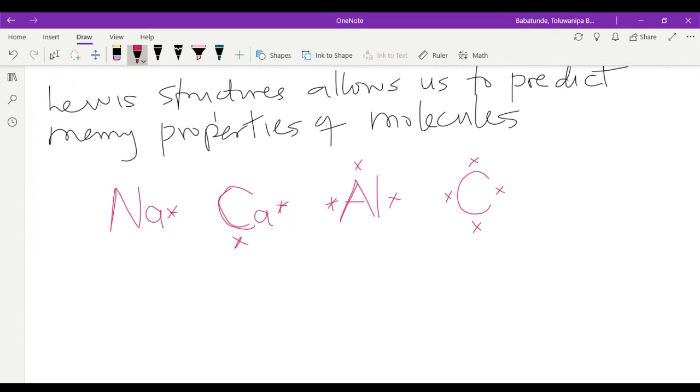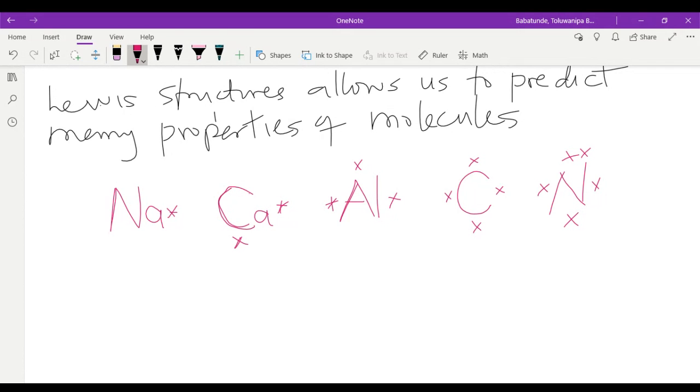For nitrogen, nitrogen has 5 valence electrons. We write N, and we place 1, 2, 3, 4, and 5. It doesn't matter where you start. You can start from the top. You can start from the bottom.